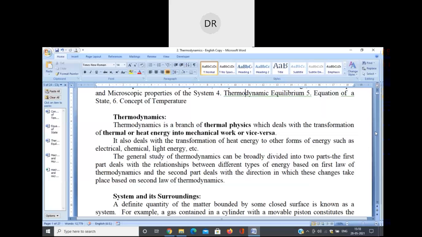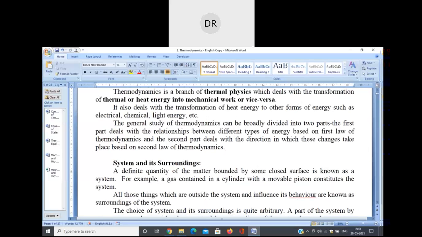Okay, next one is system and its surroundings. Why is it a system? In the thermodynamics definition, heat energy is converted into work. So where heat energy is observed, it is a thermodynamical system.